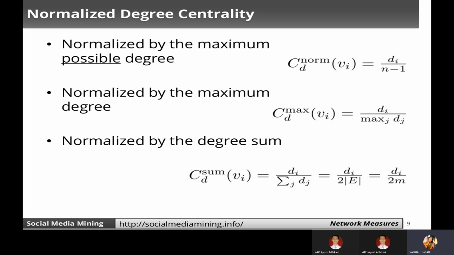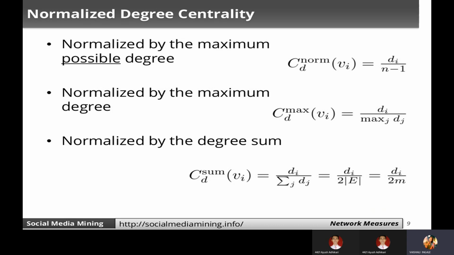Now, as this is a dense graph of a social network, we can't just find the in degree and out degree of a particular node and then, by doing comparisons, find the centrality. So over here the concept that comes in is the normalized degree centrality. We can do the normalization in three ways.